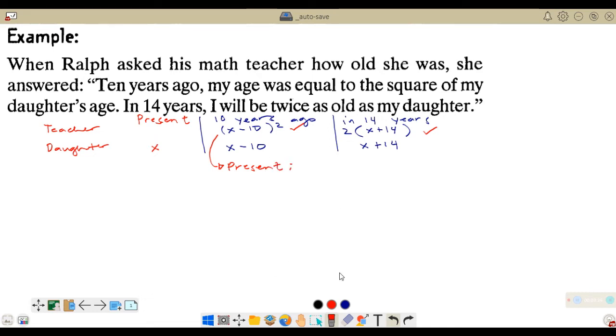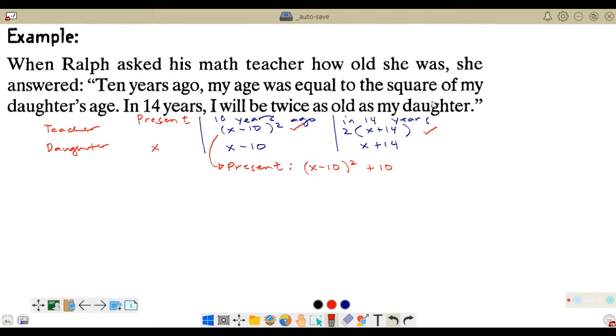So, kung 10 years ago siya, all you have to do is to write down X minus 10 squared, her age 10 years ago, and then mag-add ka ng 10. This is going to be her present age in reference to her age 10 years ago.